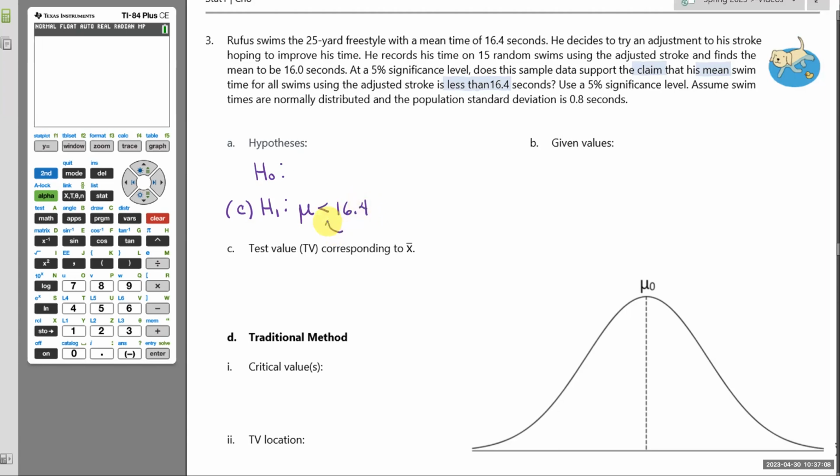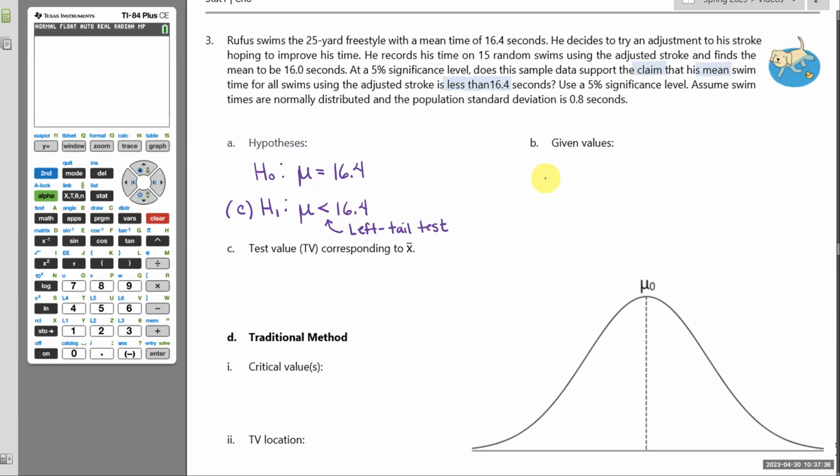All right, so we're dealing with a less than case, and that's what makes this a left tail test. Our null hypothesis is that the mean is 16.4, and then we'll go out and get some evidence to see if we are going to reject that in support of our alternative or not.